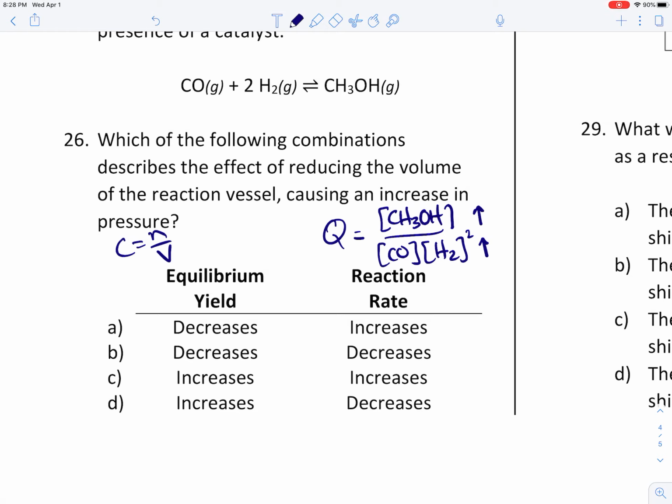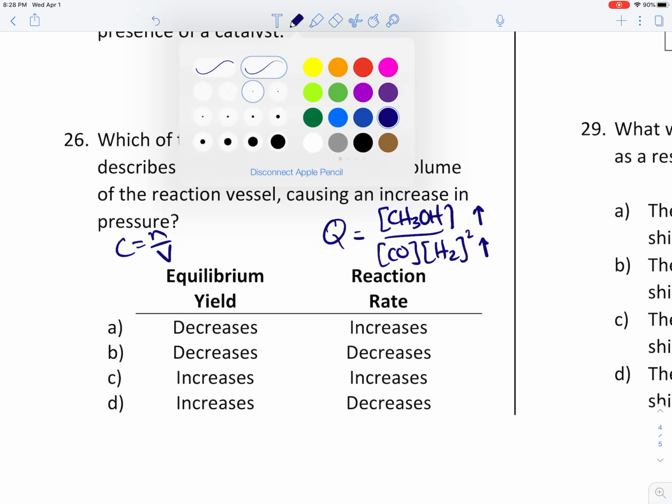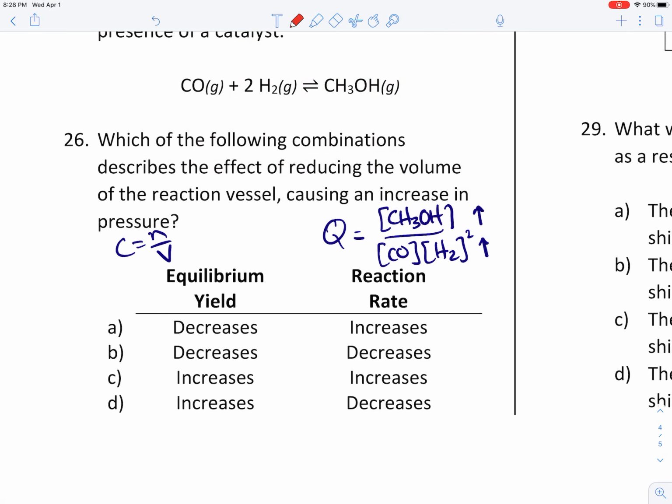The numerator increases, the denominator increases, but do they increase equally? We look at the exponents in the expression, and in the numerator we see the only exponent is a 1, so we would say the numerator is first order, while in the denominator the exponents are a 1 and a 2, which means the denominator's order is third order.